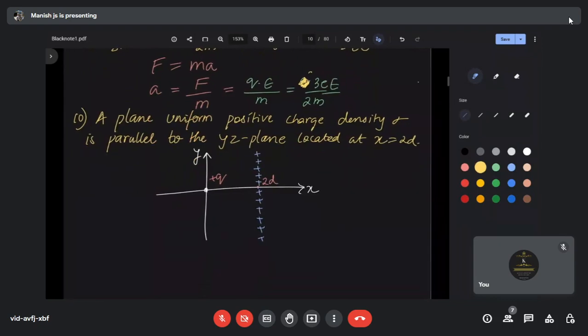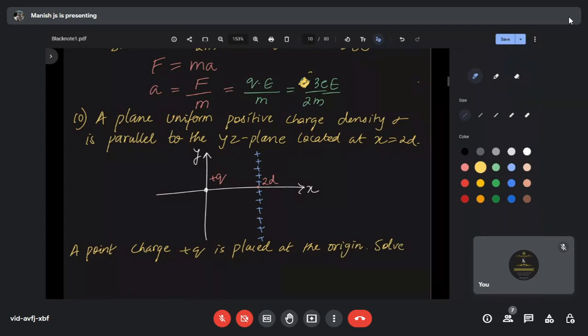The question is continuing. The point charge plus Q is placed at the origin, full stop.